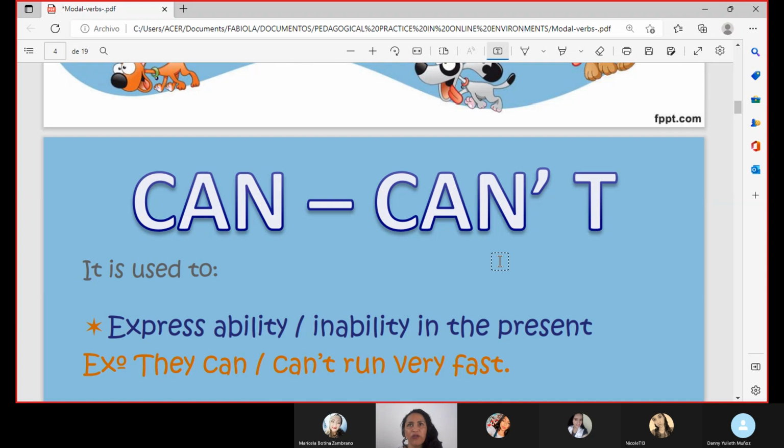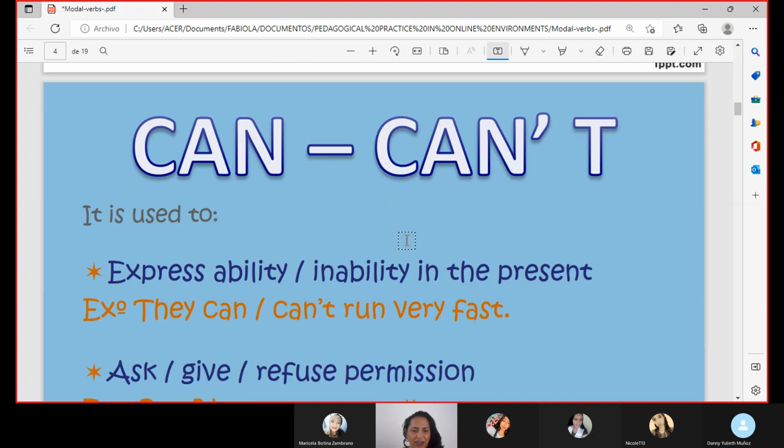Because sometimes it's a little confusing when you are talking with other people and you pronounce faster. Remember, you need to pronounce the letter T at the end. Can't. Okay, but this is the difference. Can in affirmative form and can't in negative form. Okay.